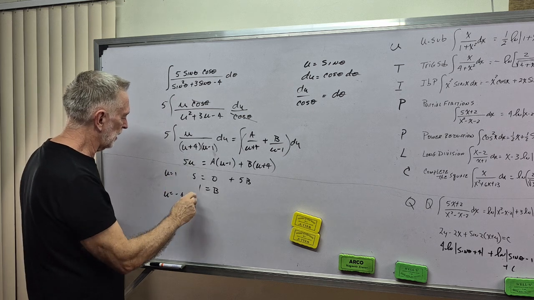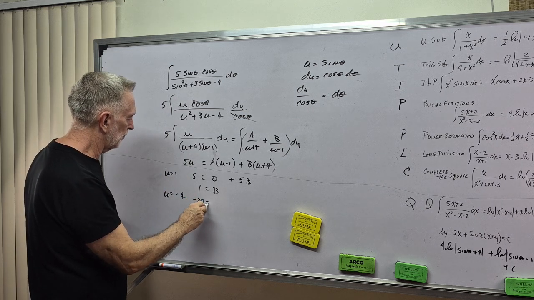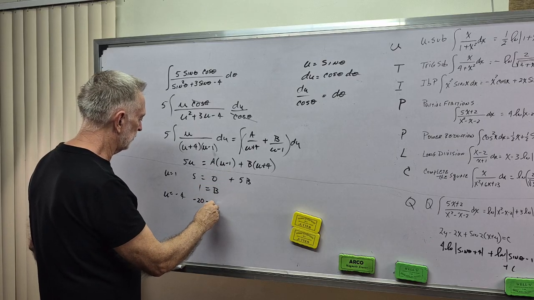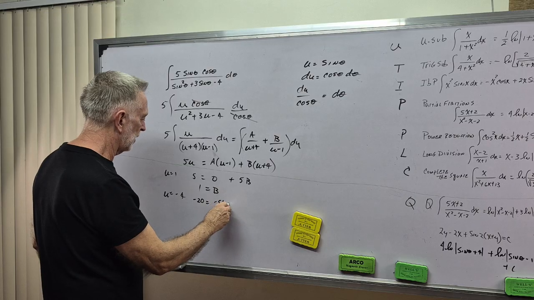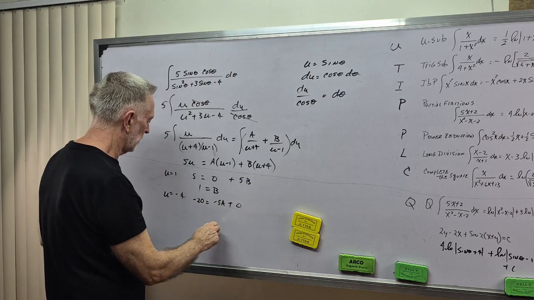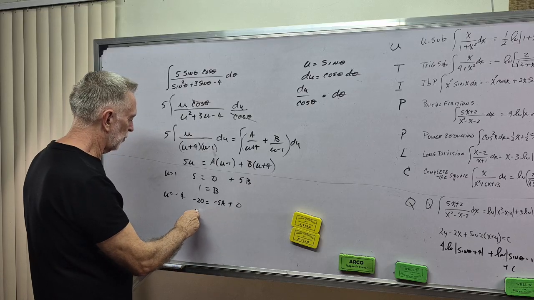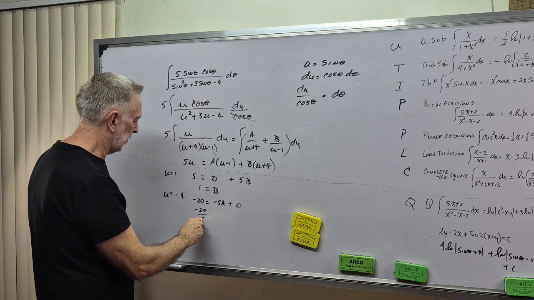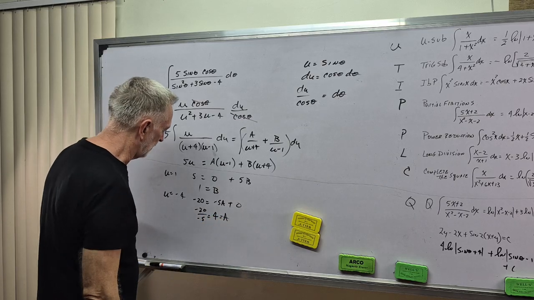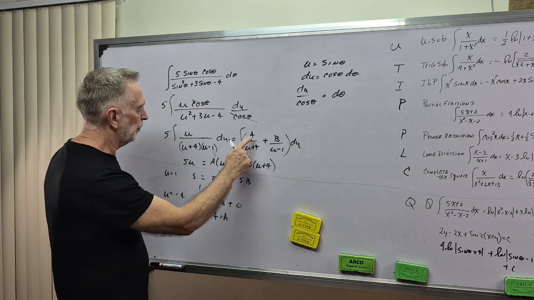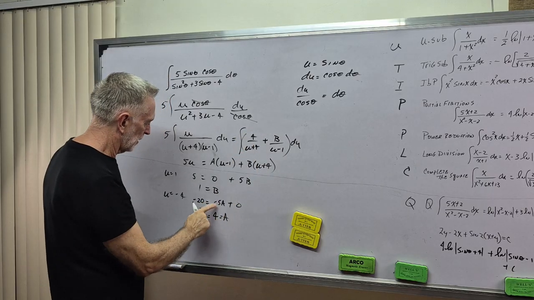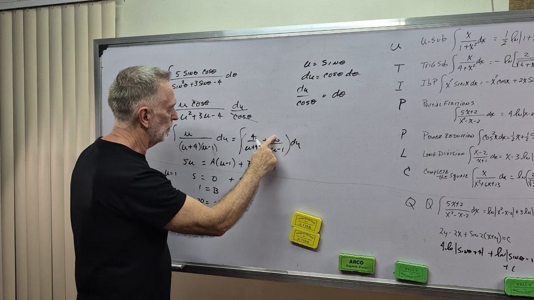Minus 4 times 5 is minus 20. Minus 4 minus 1 is minus 5, so I have minus 5a plus 0. Negative 20 divided by negative 5 gives me a positive 4, so a equals 4. Plug that in right there, and b equals 1.